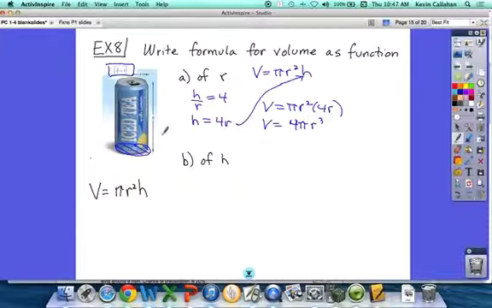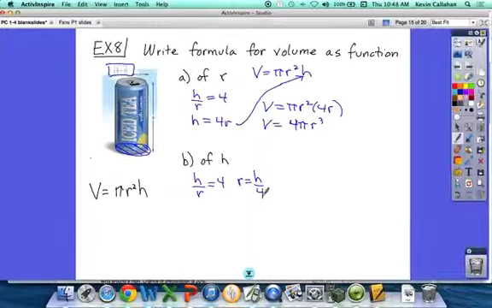How would I do a similar thing and make it a function of h? Does r equal 4h? I mean, we need to solve that same equation for r now, so we can substitute for r. So if h over r equals 4, then r equals h over 4.